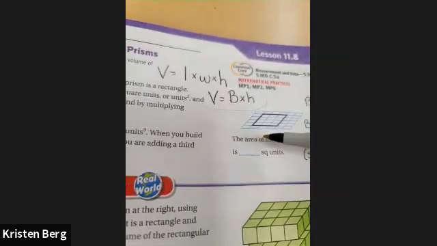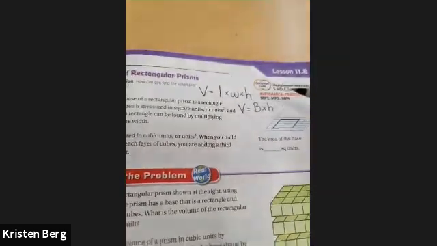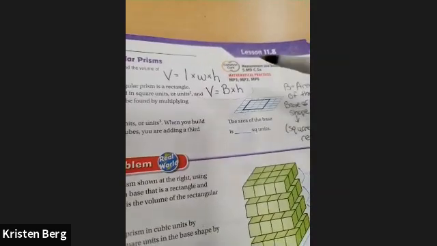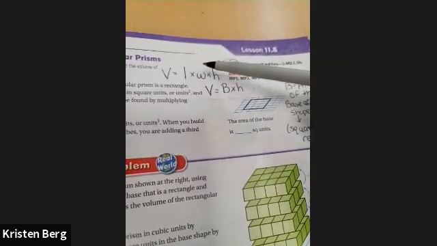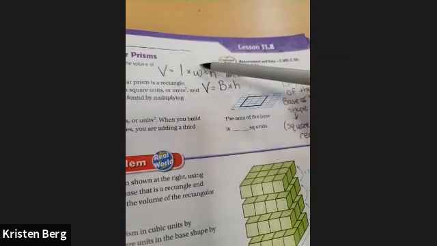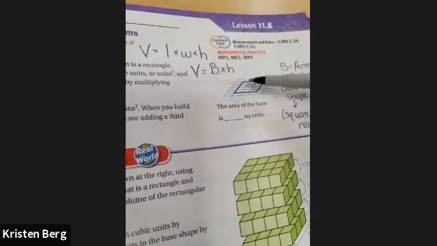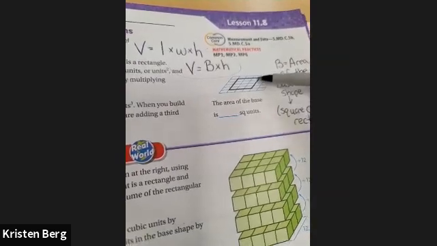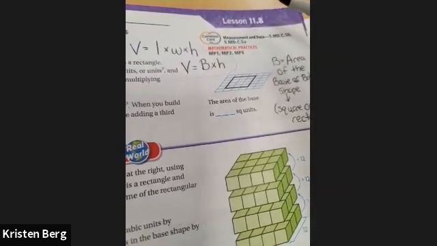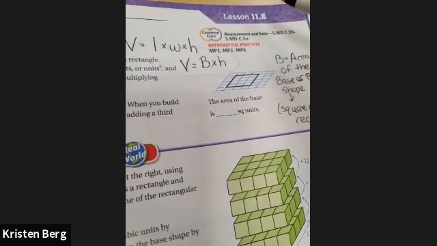But only fifth grade is going to be doing it with rectangular prisms. So since it's just rectangular prisms this year, ours is going to be length times width times height. But also you could look at it this way as well. What is the bottom shape? The bottom shape in this case is a rectangle.